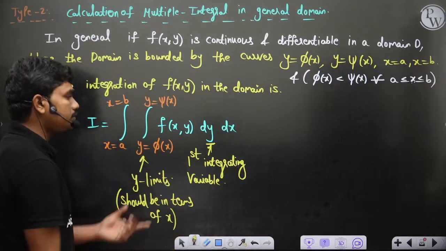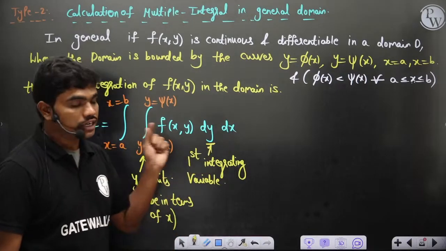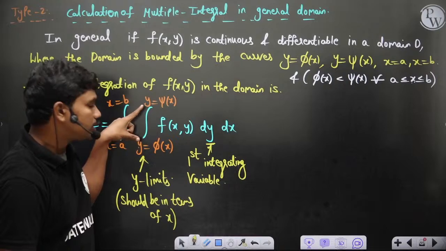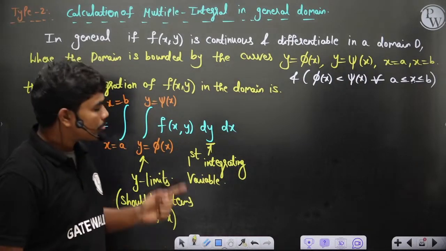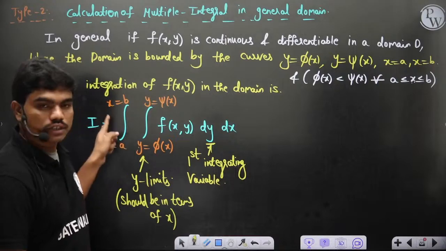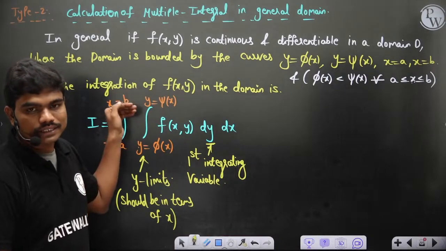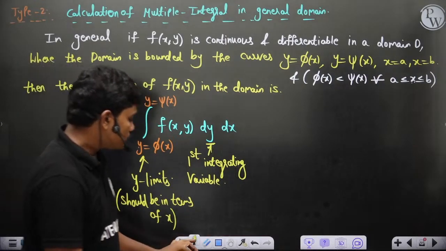So when you write y as the first variable of integration, you should write the y limits on the inner integral as usual, but these y limits should be in terms of x. And the outermost integral should have constant limits like this, x is equal to a to x is equal to b, of course.